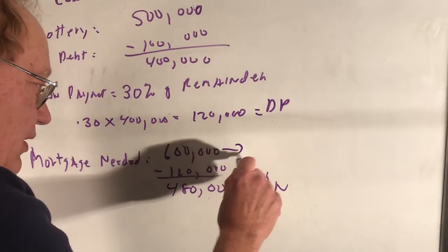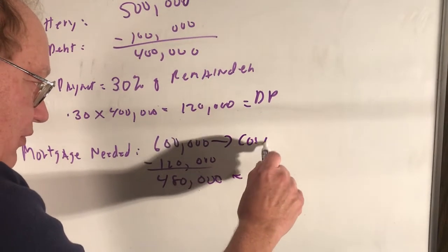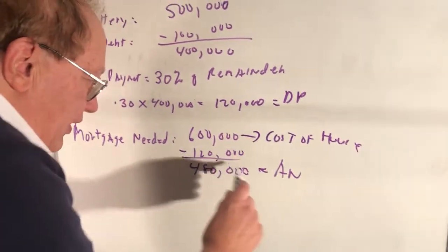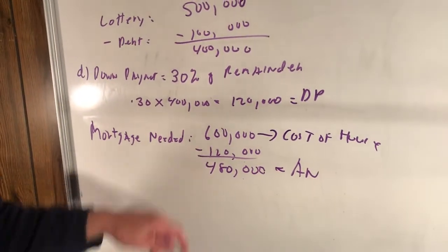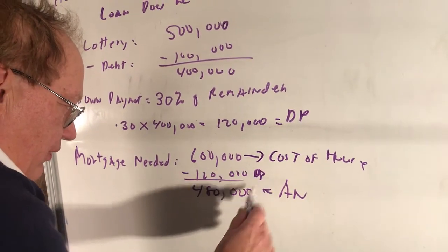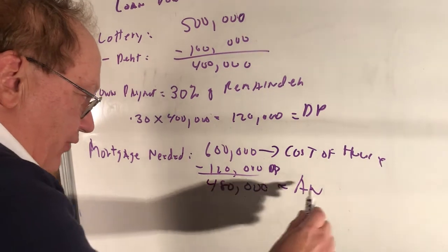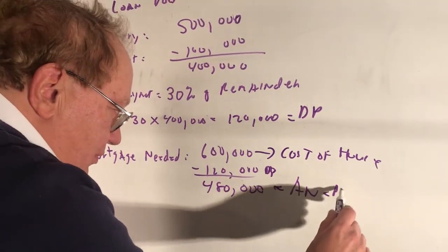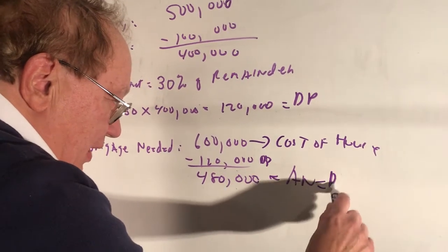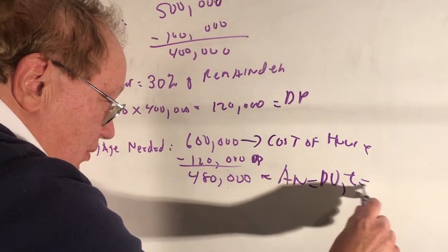Now this is the cost of the house, $600,000. Take away his down payment. So he needs a $480,000 mortgage. That's the present value at time 0.